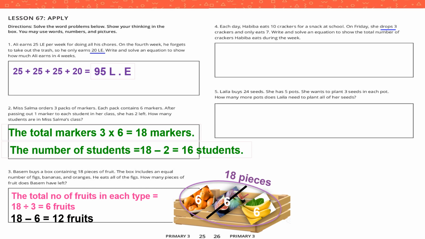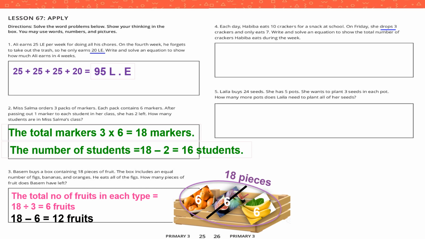Number 4, each day Habiba eats 10 crackers for a snack at school. On Friday, she drops 3 crackers and only eats 7. So each day she eats 10, but in one day, which is Friday, she eats only 7.